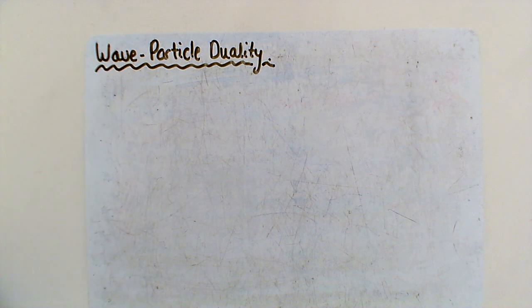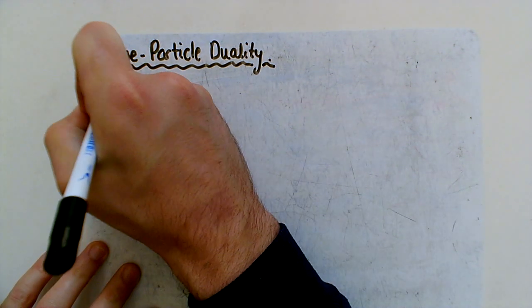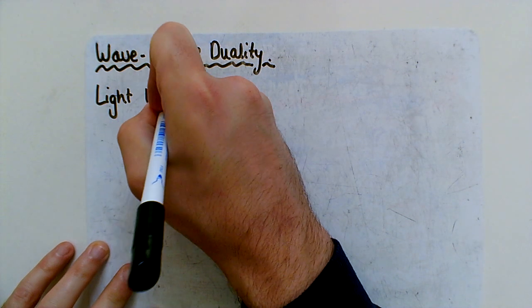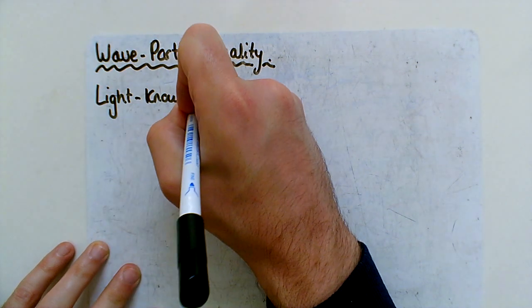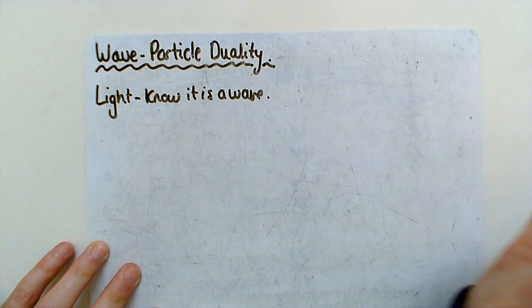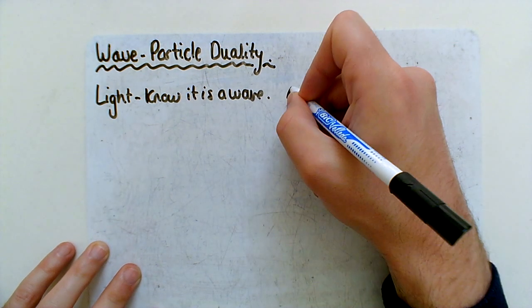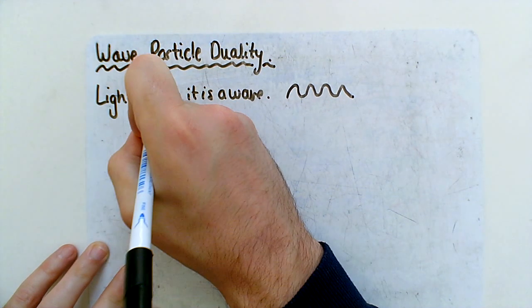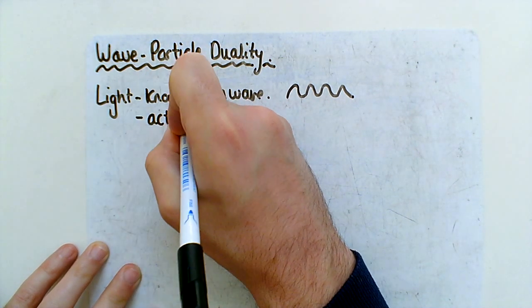Now, when we talk about light, we usually think about light we know is a wave. We know it's a wave, so we know it can be represented by this, but light can act like a particle.